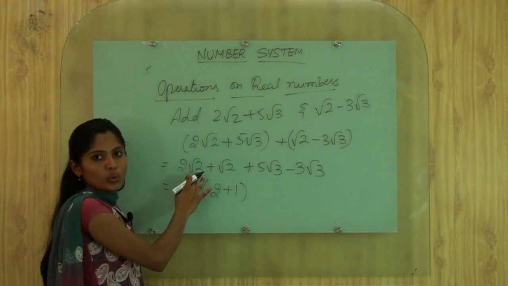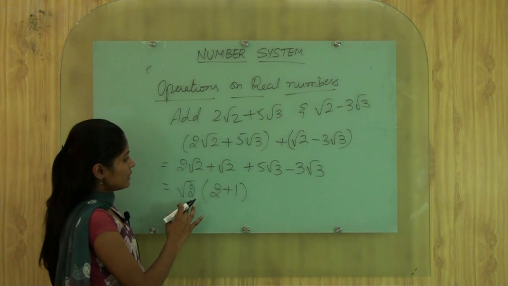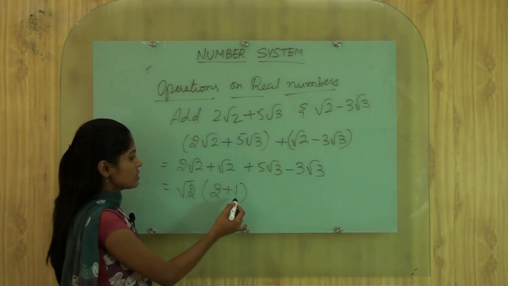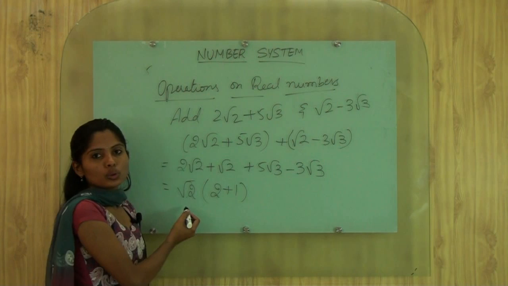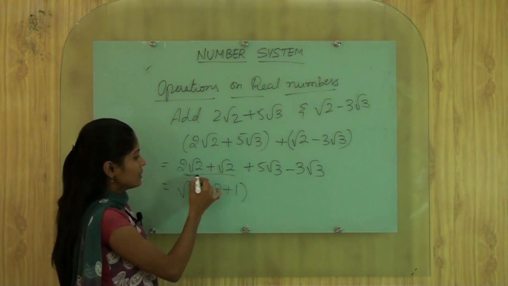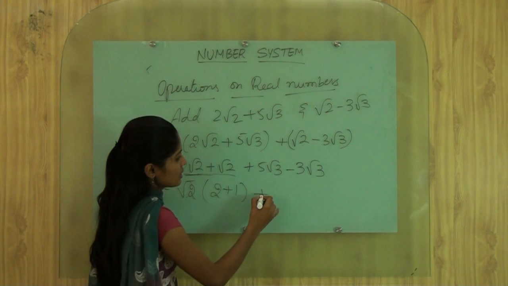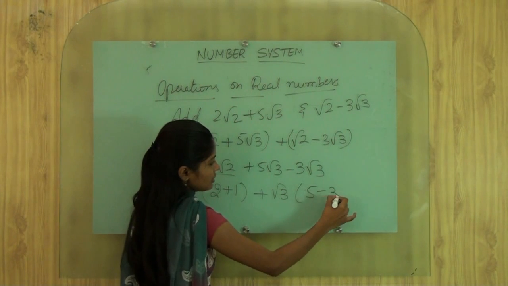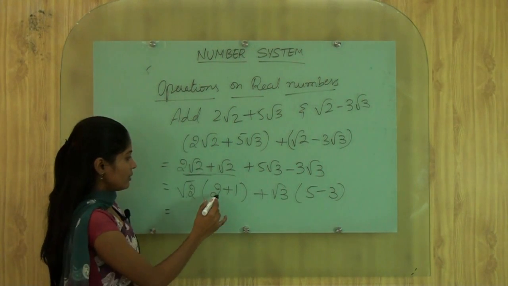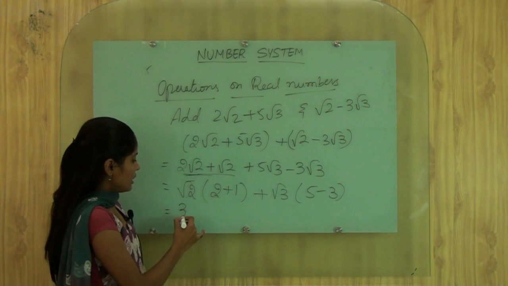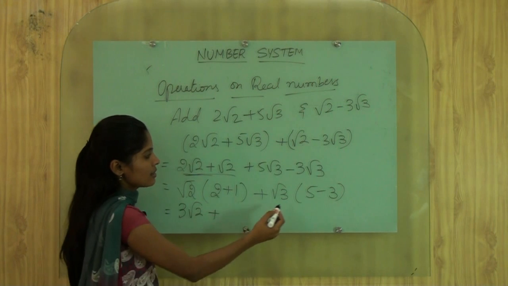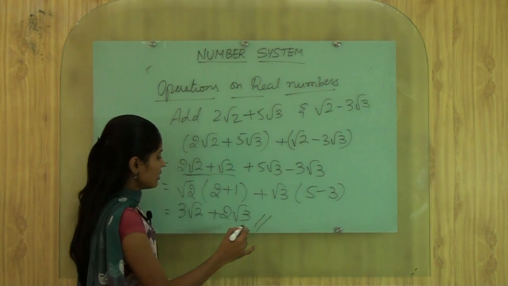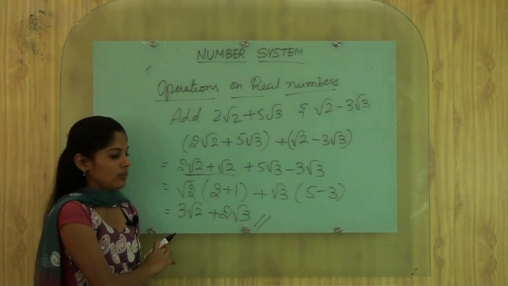If you take root 2 out, then the values remaining are 2 and 1. If you multiply this 2 plus 1 with root 2, you will get the same value back again. Plus here, which is common? Root 3 is common. Take it out. The value is 5 minus 3. Here 2 plus 1 is 3. 3 root 2 plus 5 minus 3 is 2, which is 2 root 3. This is the final obtained answer.